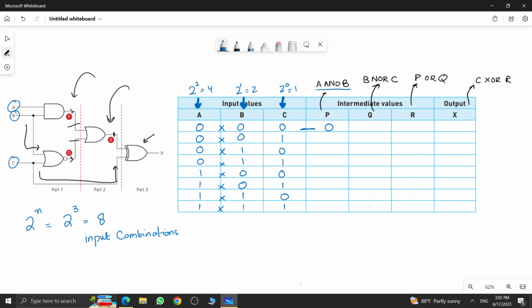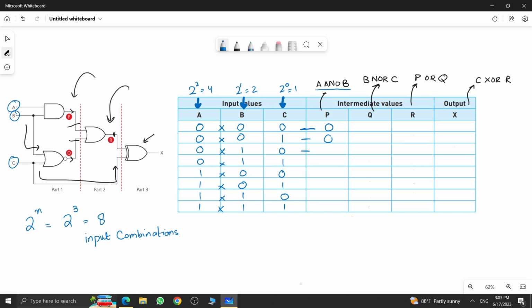Then the next values are also 0, 0. Remember, you have to consider the values of A and B only. Why? Because P is basically a function of A and B. So we will be multiplying A and B only in the corresponding columns. For column 2, values are 0, 0. Again, the result will be 0. 0 multiplied by 0 is 0.